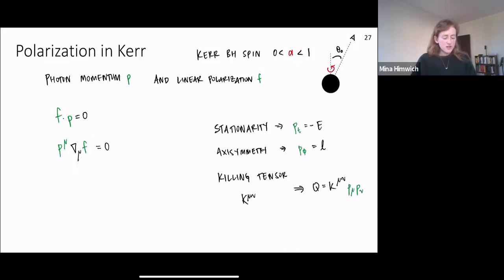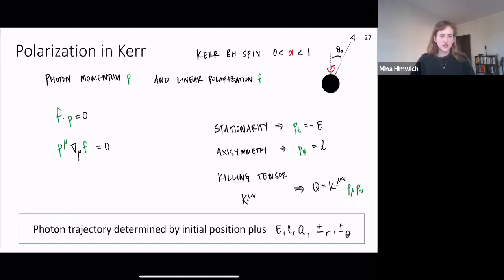And the symmetries of Kerr, stationarity and axisymmetry, imply that the photon's trajectory has a conserved energy and a conserved angular momentum along the spin axis, L_phi. And also, it's a very special property of the Kerr spacetime that it possesses a Killing tensor, which is the higher form version of a Killing vector. And by contracting the photon momentum with the Killing tensor, we get another conserved quantity called the Carter integral.